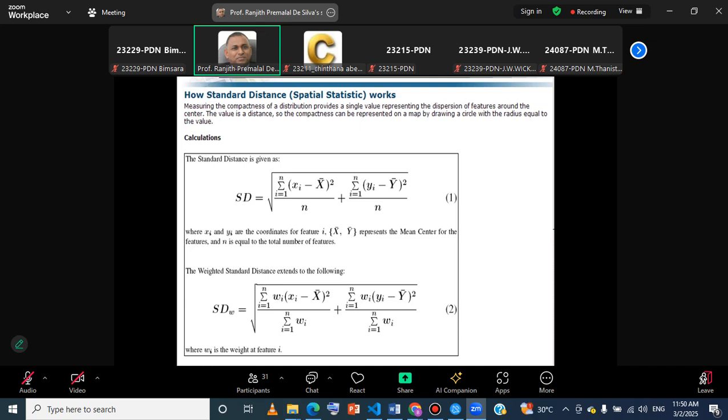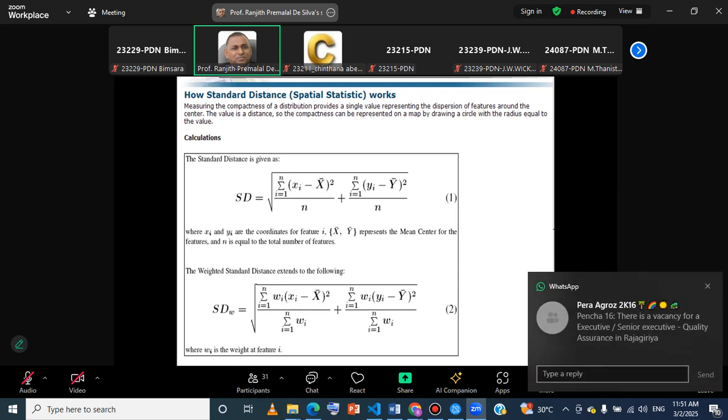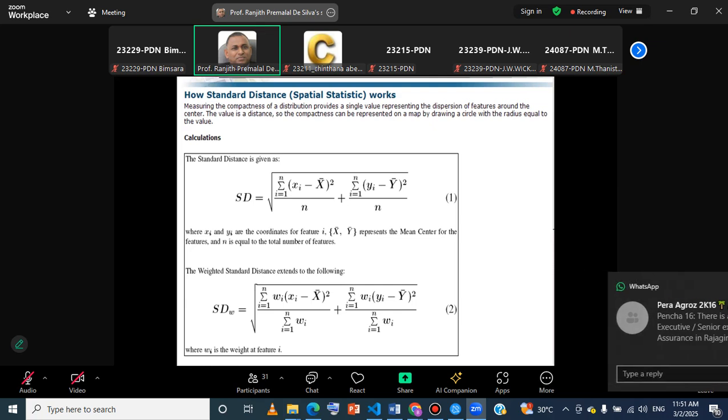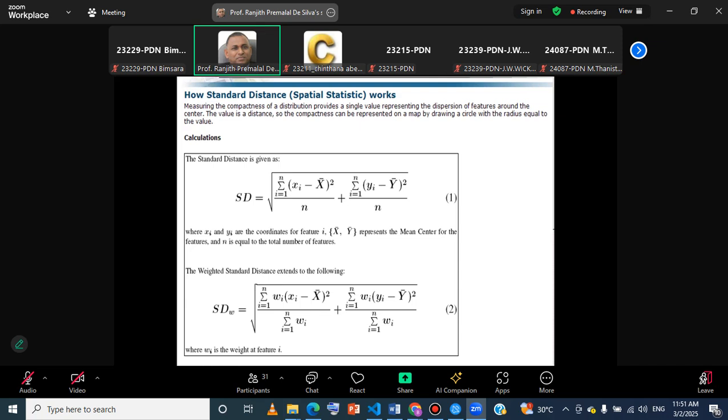You have the standard distance calculation: xi minus x bar squared, divided by n, and yi minus y bar squared, sum and divide by n.